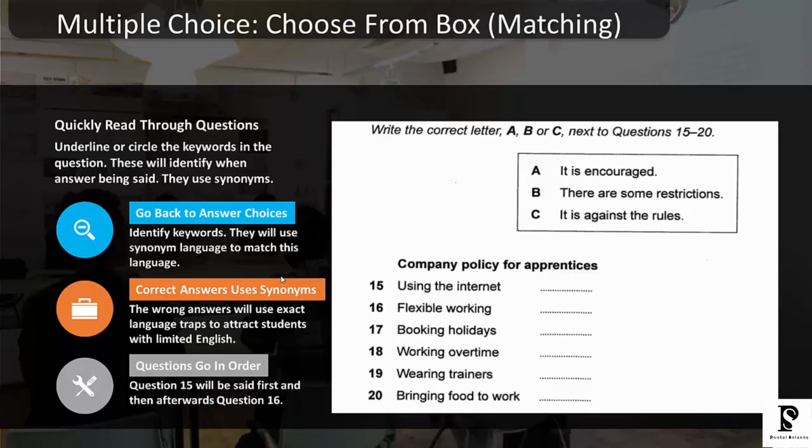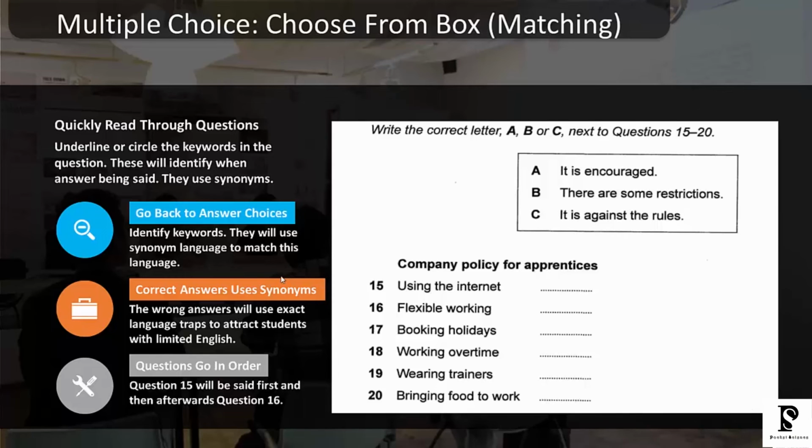But also, really pay attention to the answer choices A, B, and C. Identify the keywords. For example, in A, you have the word encouraged. You have to really think about what synonym language they are going to use for that word, because in the conversation or in the solo presentation, they're not going to say the word encouraged.